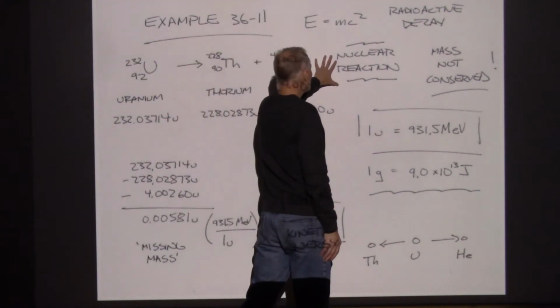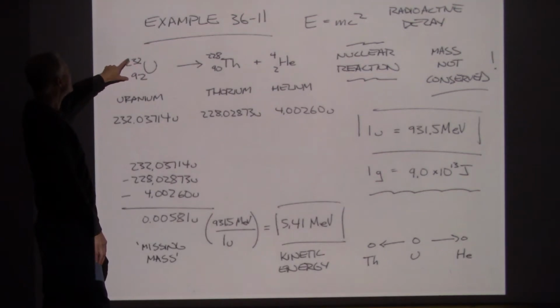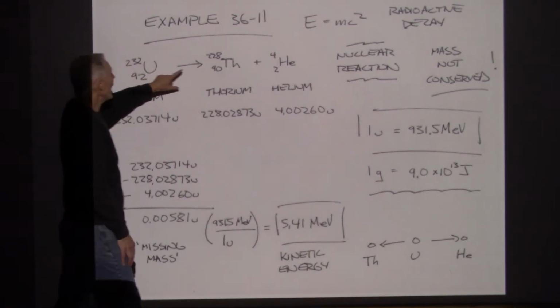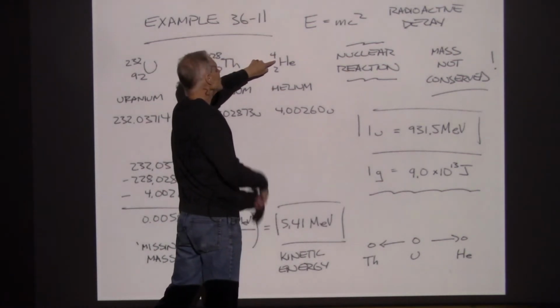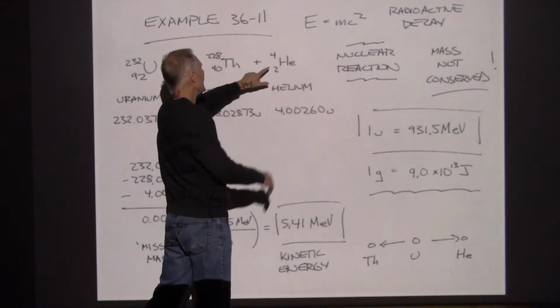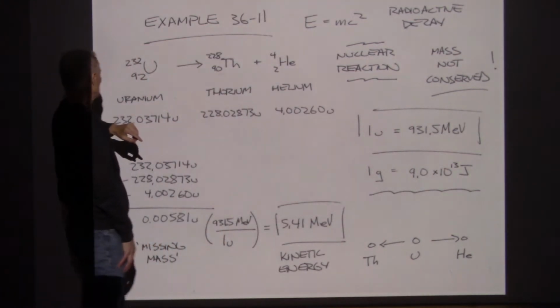So this is a nuclear reaction. It's taking the nucleus of uranium-232 and converting that into, well, a helium nucleus separates out. A helium nucleus is 2 protons and 2 neutrons.